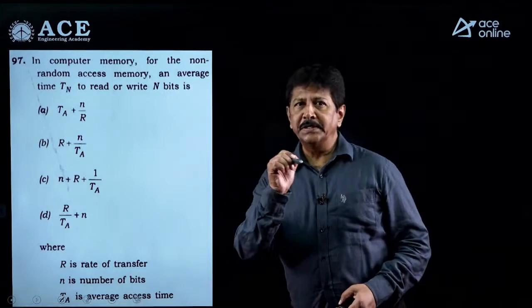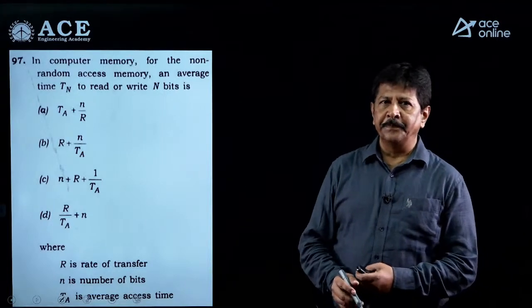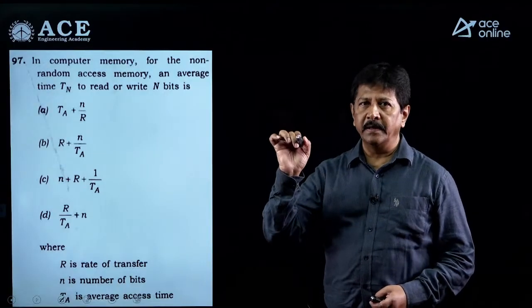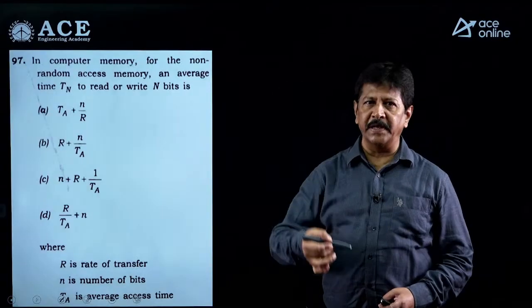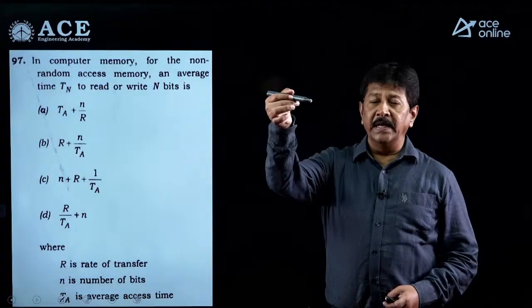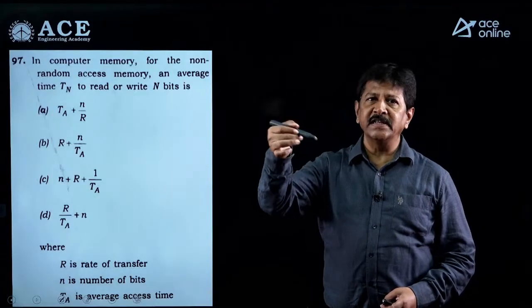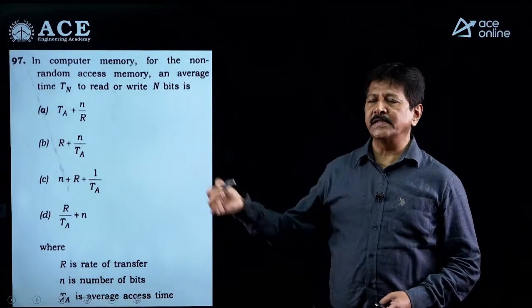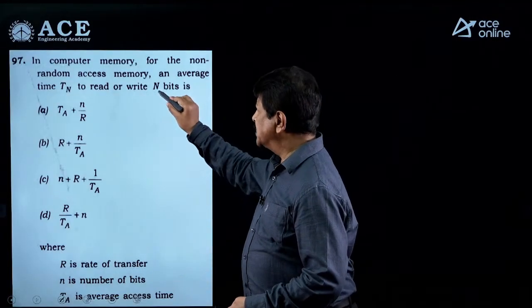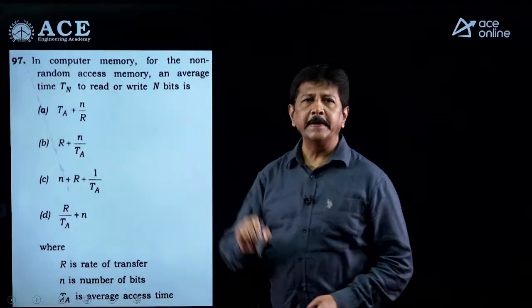Well, this is a little tricky question you need to understand. He told that this is a non-random access memory, nothing but a sequential memory. That means once you access the first byte, the remaining bytes you can access one after another. So to access small n bits, what is the time required?